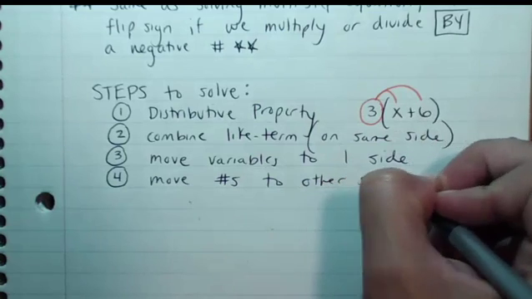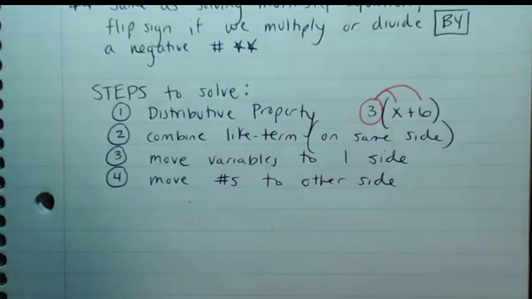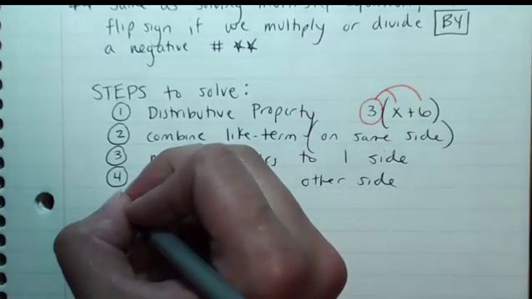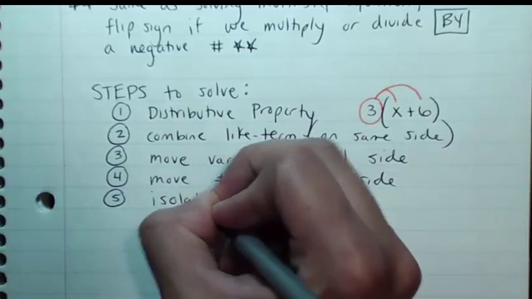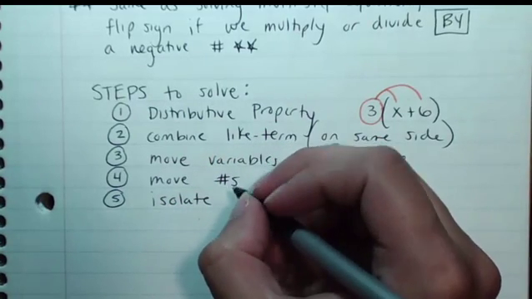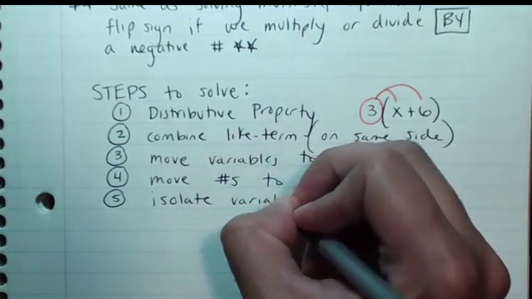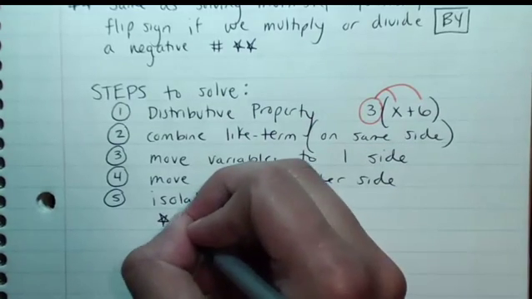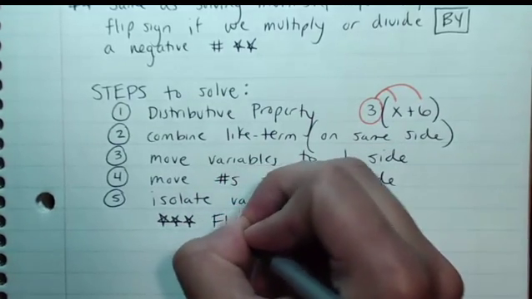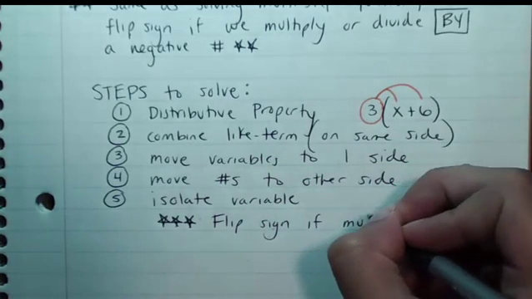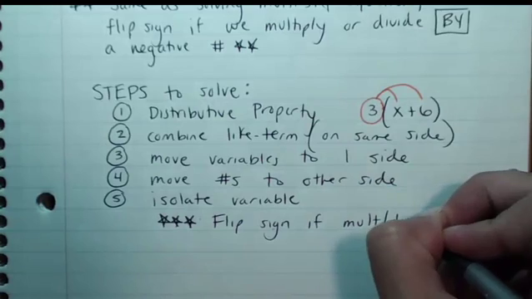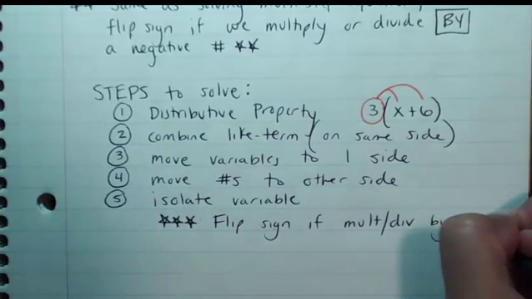So I have my variables on one side, and then my numbers on the other. And I'm going to then isolate the variable. Again, put your triple star, flip the sign if we multiply or divide by a negative number.